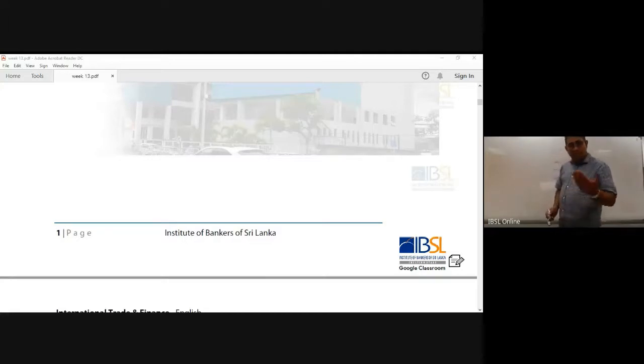What are the two documents? 10,000 and 9,900. Assume both sets of documents are complying.